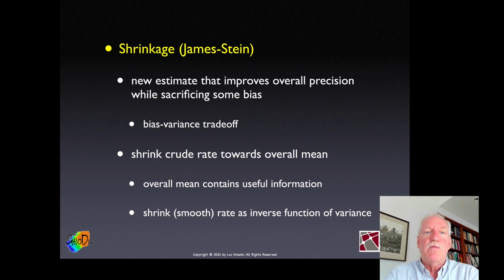So as we saw previously, the crude rate is as good as we can do in terms of bias. It is unbiased. The bias is zero. But it has a variance that is not very good. The variance is an inverse function of the population. So for small areas, the variance can be very large. So what we're going to do instead is move away from this unbiasedness and have a hopefully slightly biased new estimate that has a much smaller variance.